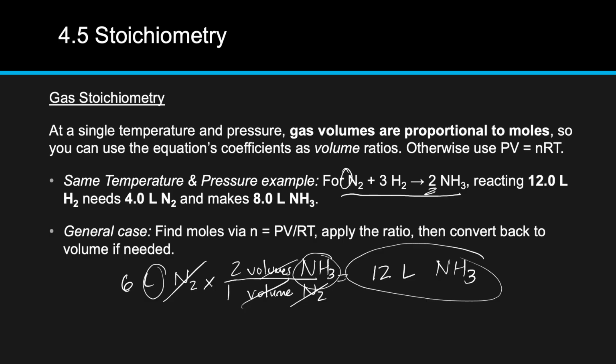So this is a very simple example, but that's only accurate if the temperature and the pressure are the same. That's very important. If that is not the case, then you are using the ideal gas law, but you are just rearranging it to solve for n, which is moles. So it would be n equals PV divided by RT, and then you just want to make sure you use the correct gas constant, which is on your formula sheet.